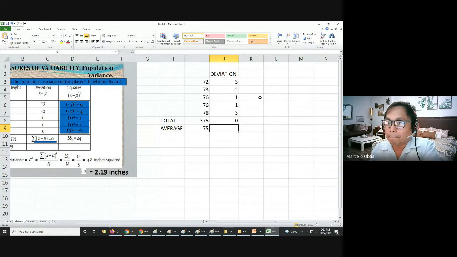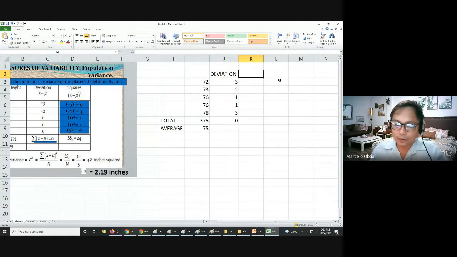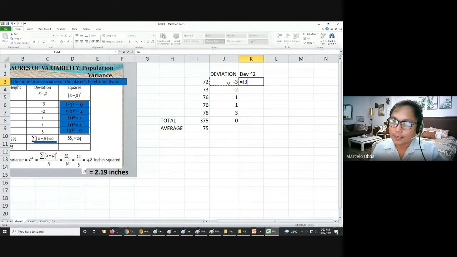No? Then the square of the deviation, dev raised to the power of 2. All you need to do is to go to that cell na may value ng deviation nyo. First make a formula, equal. Then go to that cell na merong value ng deviation. Shift 6, then 2. Raise to the power of 2.